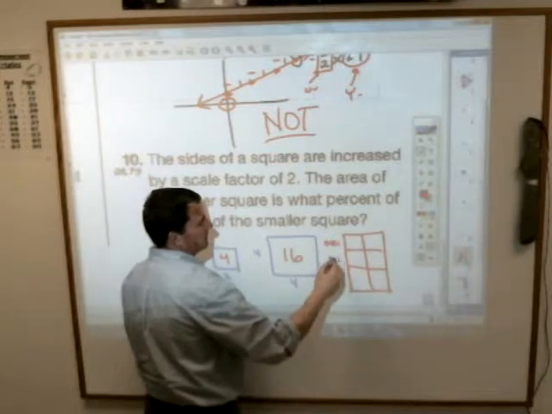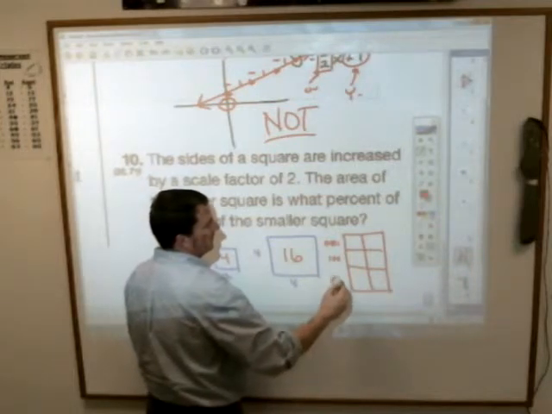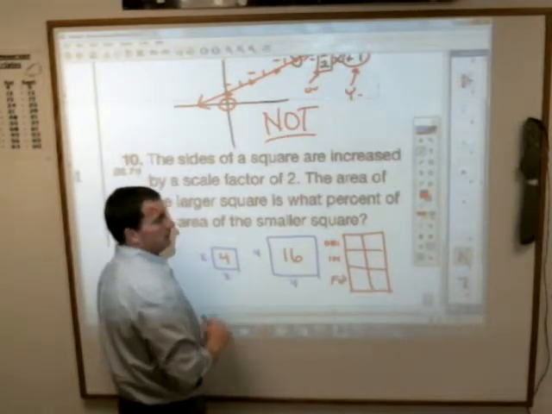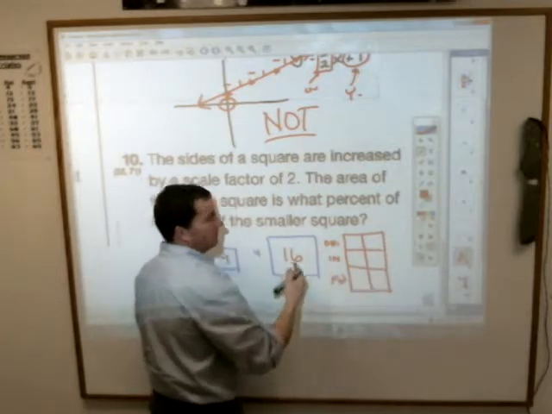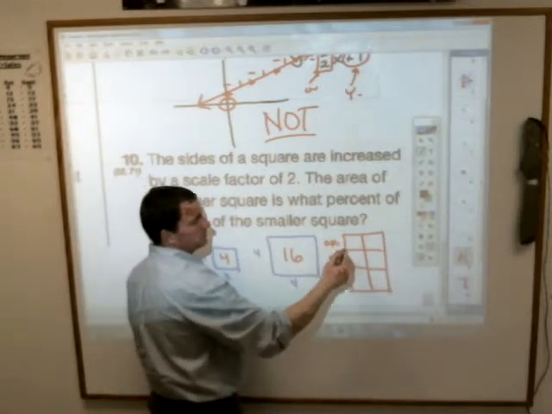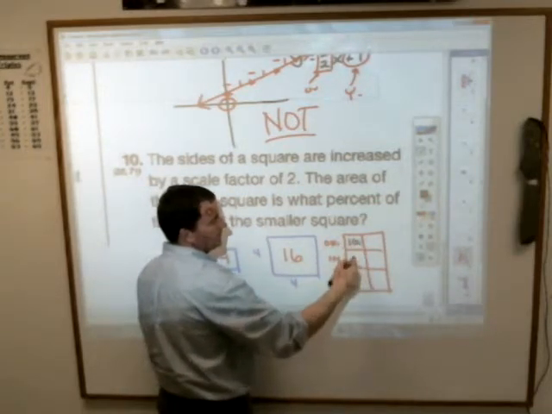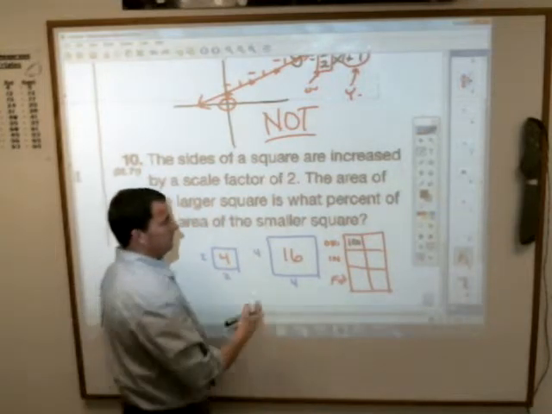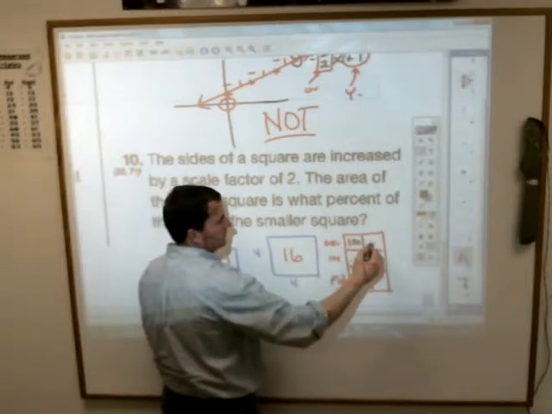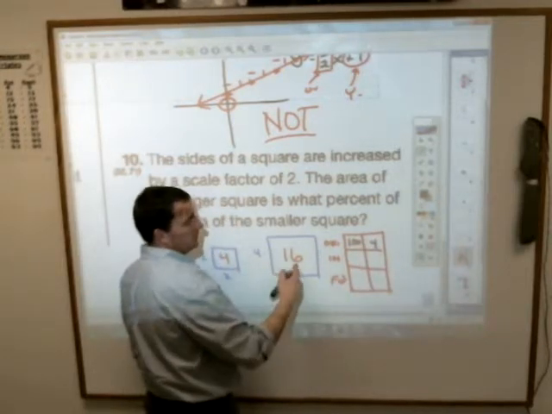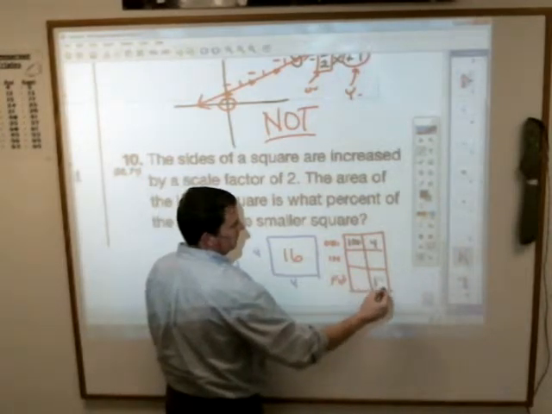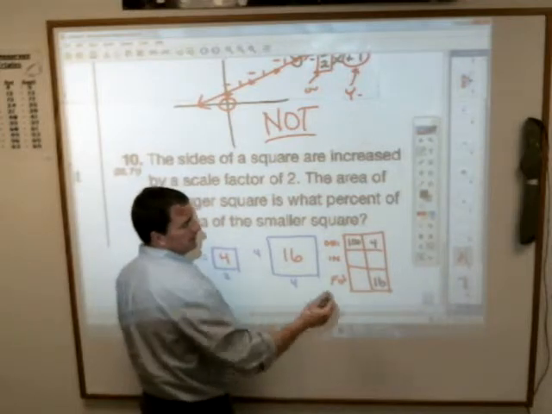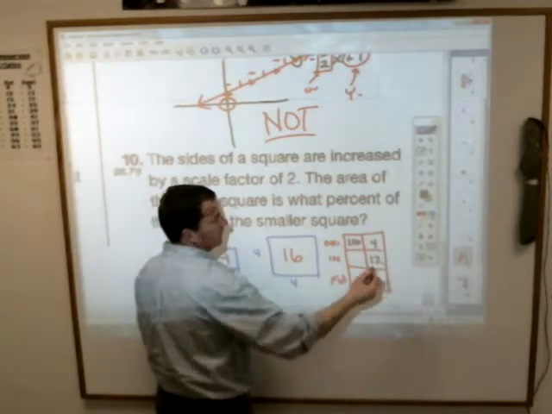It increased how much to get you the final thing. The only thing we know about, probably the easiest thing to say is the original square was 100%. I don't know this or this, but I do know all their areas. I know the area of the original one was 4. The area of the final one is 16. That means it was an increase of 12.